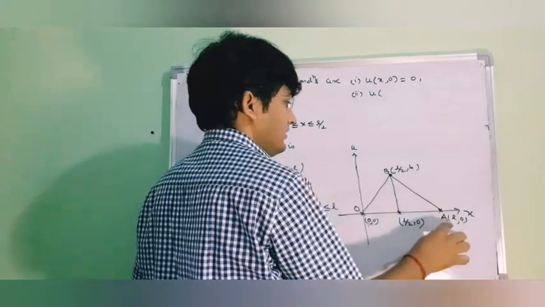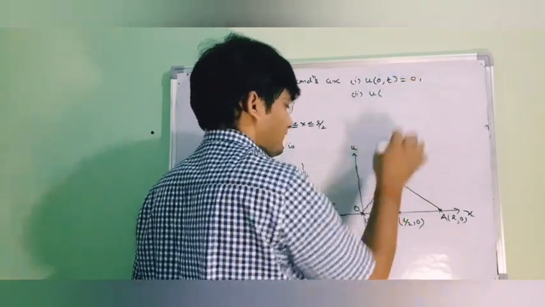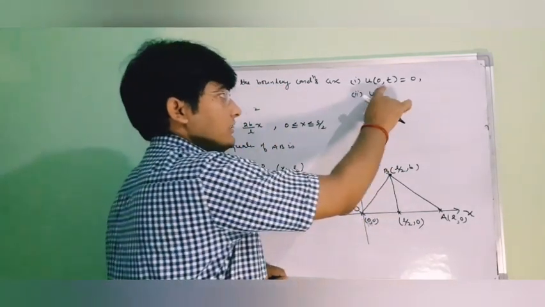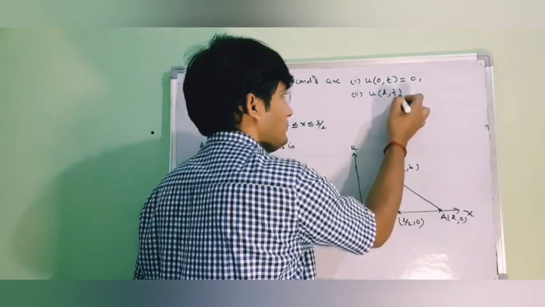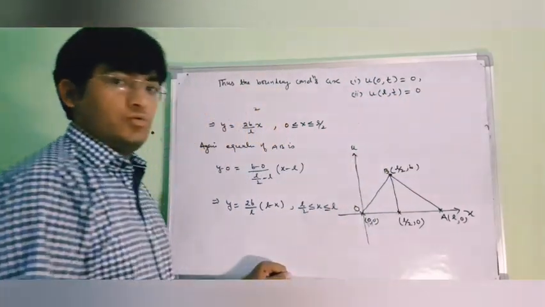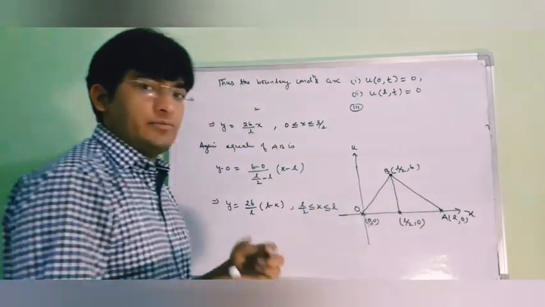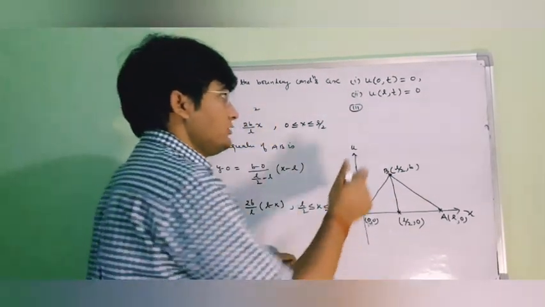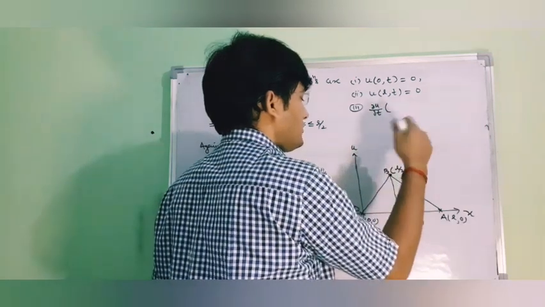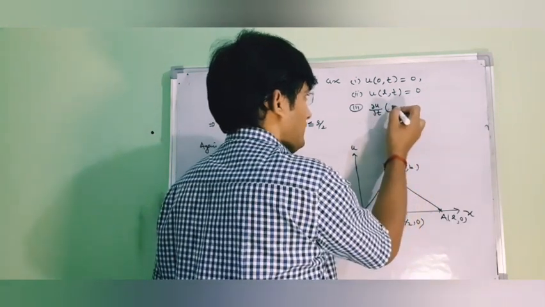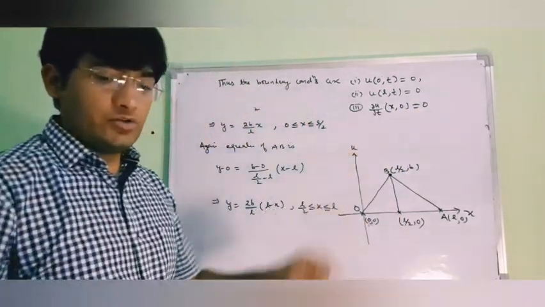Then when your distance is 0, your u is 0. When your distance is L, then again your u is 0. Then initially we have released the string from rest, so the velocity of the particle will be 0 at time equal to 0.